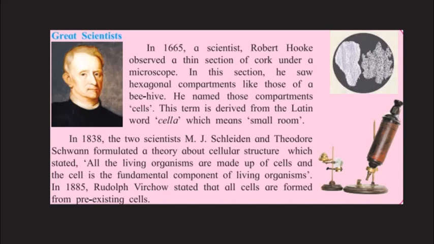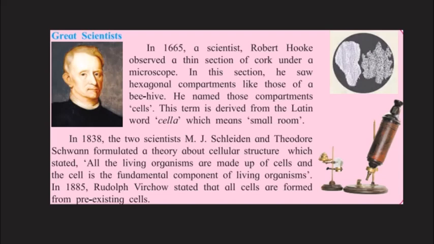Then in 1838, two scientists, M.J. Schleiden and Theodor Schwann, formulated the cell theory. They told us what cells are, that living organisms are made up of cells, and that the cell is the main fundamental unit of our body.